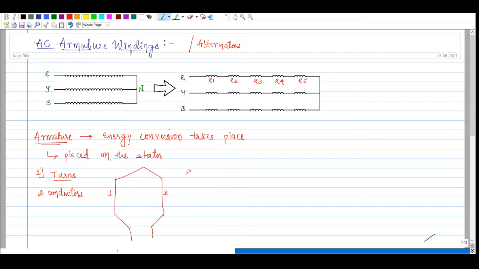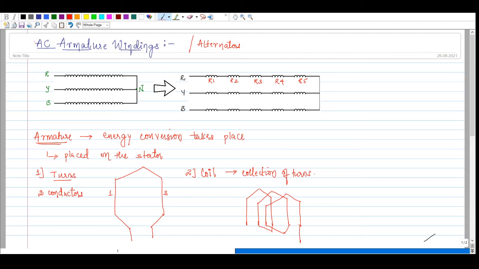Similarly, the next terminology associated will be coil. Coils are nothing but a collection of turns. So if you have a group of turns like this, these are your turns.